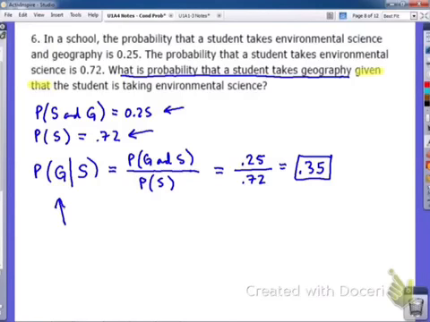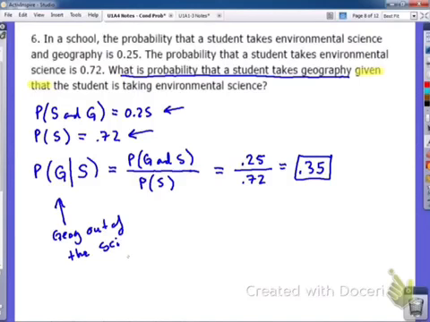The first two situations are looking at everybody in the entire school. And in this last situation, we're only considering the people that are taking what class? Science. So it's the number of people that are taking geography out of the science nerds.